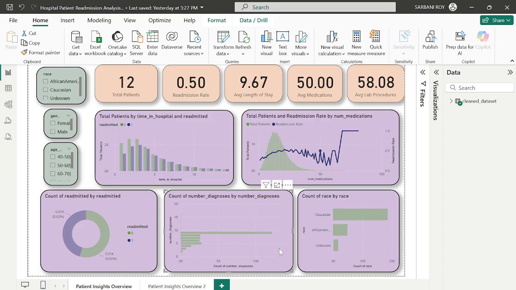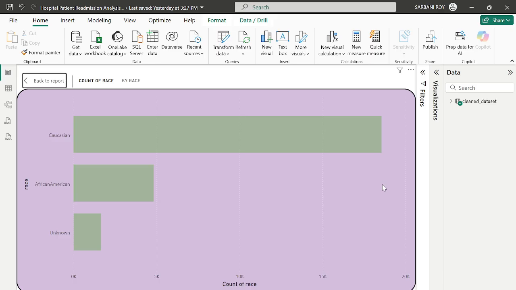Now, coming to the next chart, that is count of race by race. This chart uses green bars to maintain simplicity and uniformity. As you can see, Caucasian patients represent the largest portion of the dataset, and African American patients form the next major group.